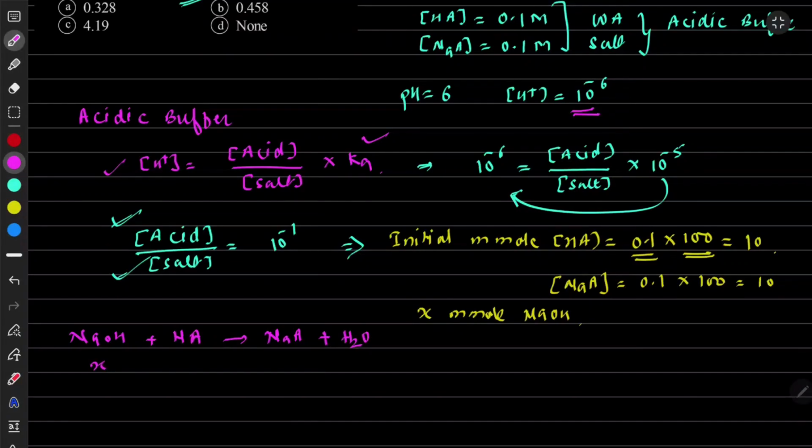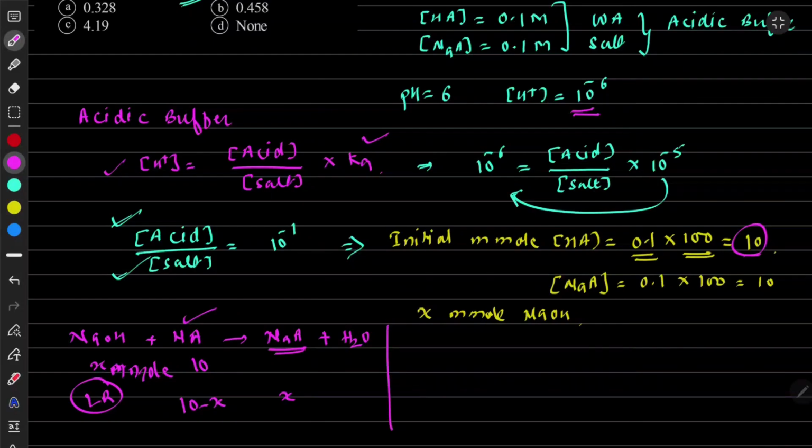Now NaOH added is x millimoles. The acid millimoles is 10 over here. This is the limiting reagent because acid has to remain, since it is going to remain an acidic buffer. So the leftover acid is going to be 10 minus x, and the sodium salt formed will be x.